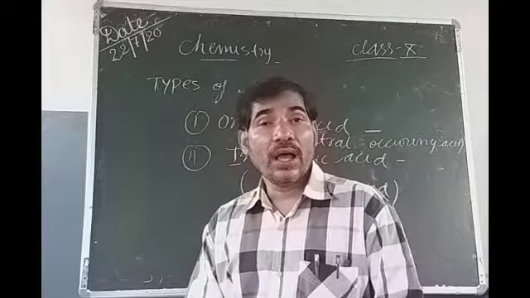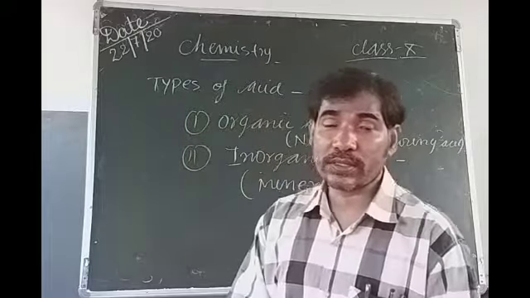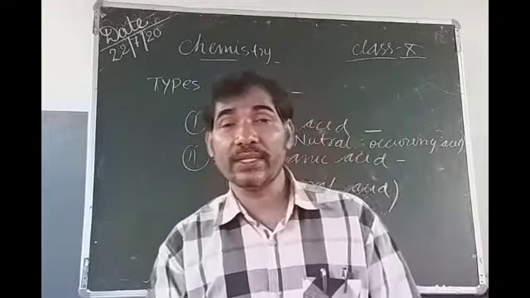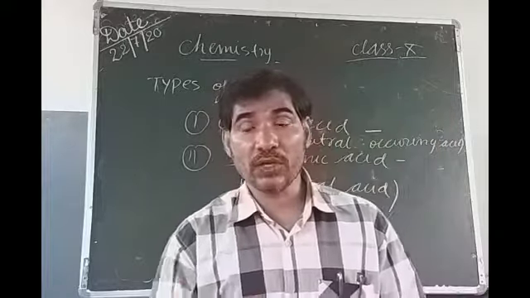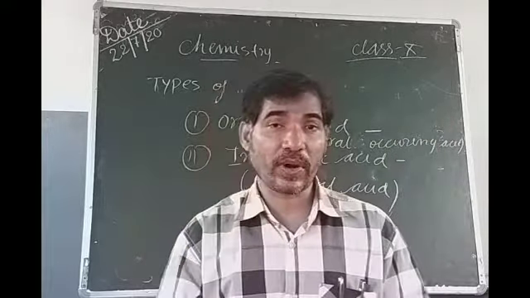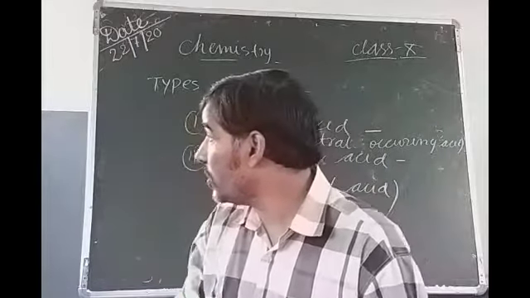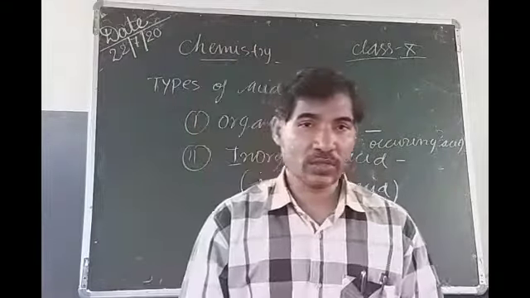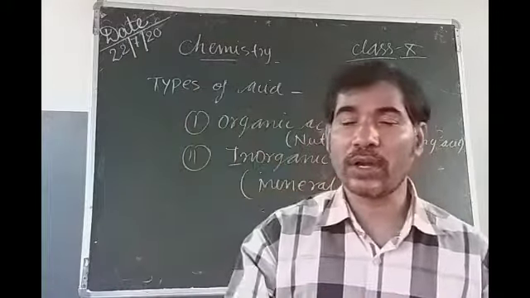Why is formic acid called formic acid? Because formic acid was first discovered in the red ant, and the Latin name of the red ant is formica. Since this acid was first discovered in formica, it is called formic acid.